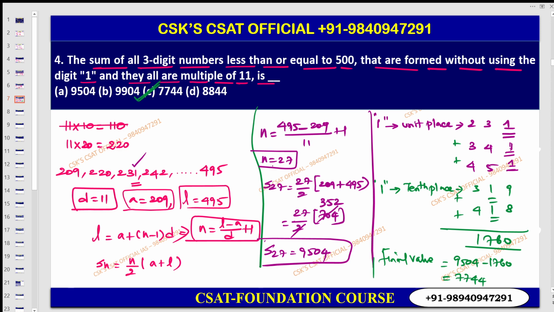So understand the procedure. There are a lot of procedures to solve this kind of problem. Or else you can simply write all the numbers like 242, 253, 264. Like that, 11 by 11, you write everything up to 495.